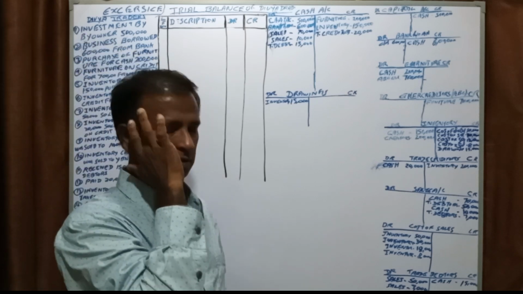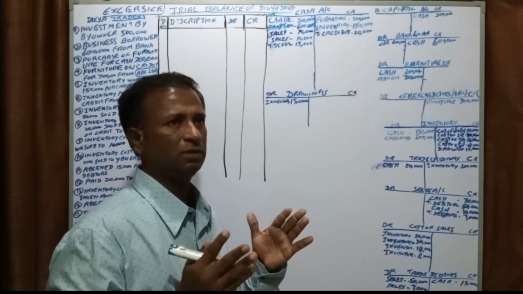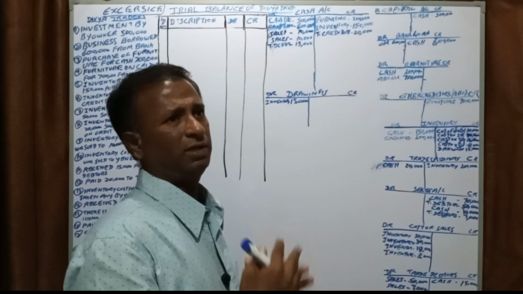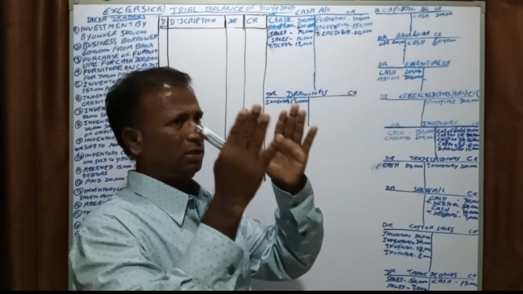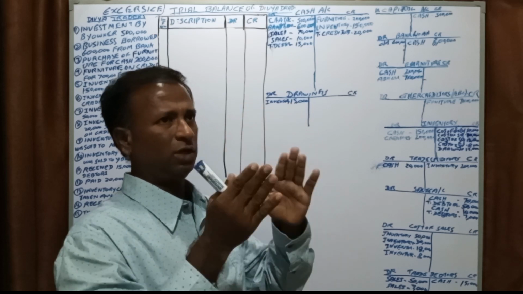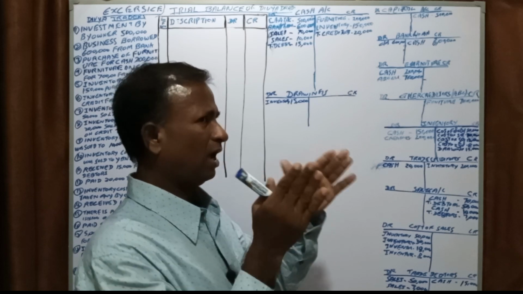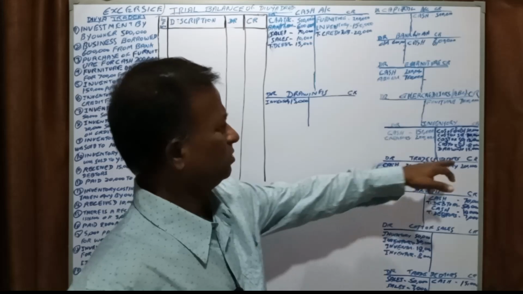Because inventory, this drawings means the goods have been taken away by the owner, or the goods are going out. If the goods are going out, in the sense assets are decreasing. If the assets are decreasing, it has to be credited.